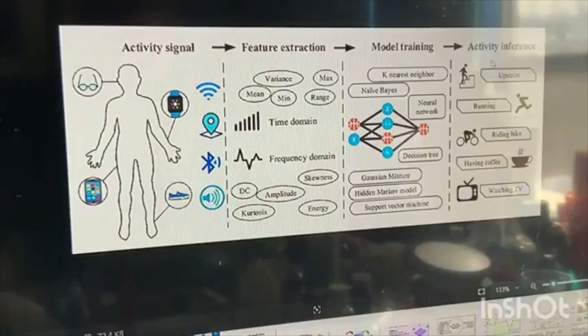Notice it says activity inference. Human activity recognition radar is required by law. You are ubiquitously monitored 24/7.